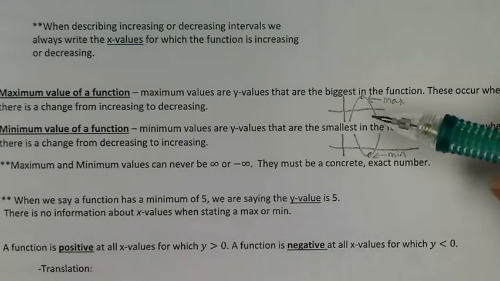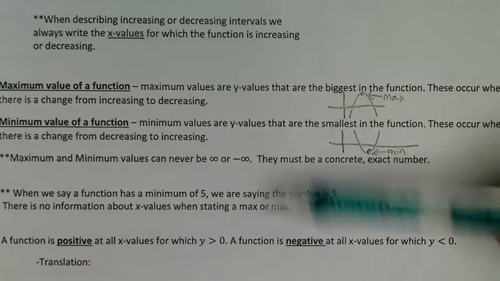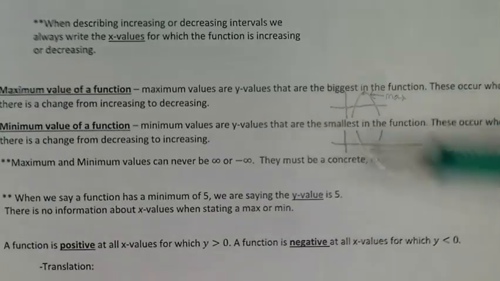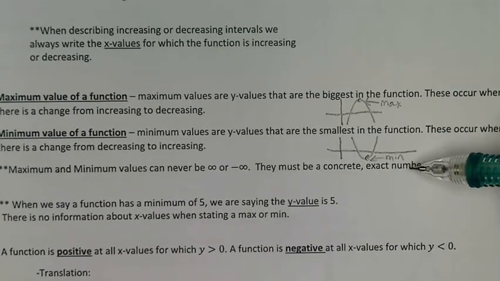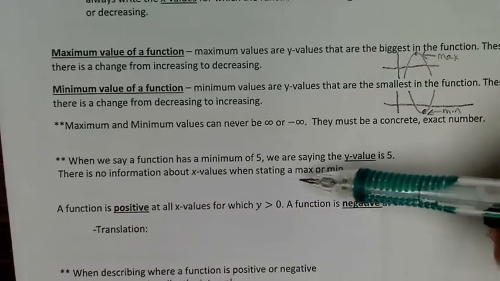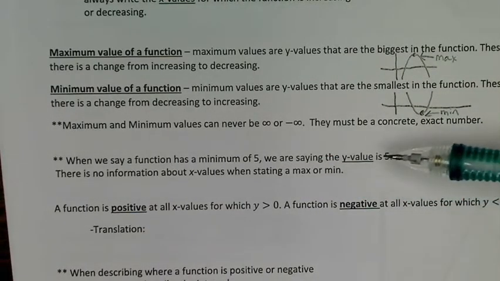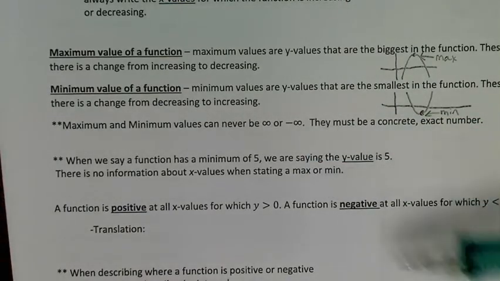It's talking about the max or min for that function. As a couple notes, maximum and minimum values can never be infinity or negative infinity. They must be a concrete, exact number. So when we say a function has a minimum of 5, we are saying the y value is 5. There is no information about x values when stating a max or a min.